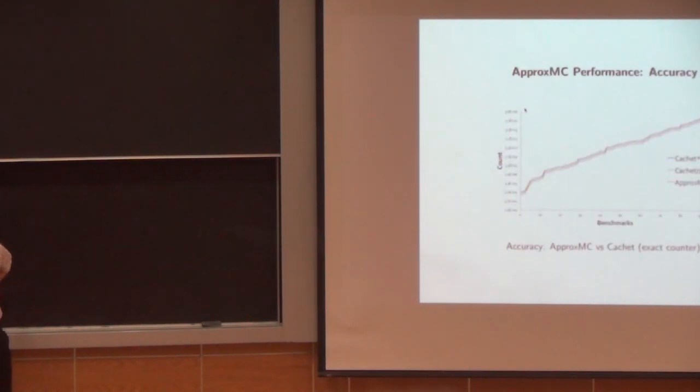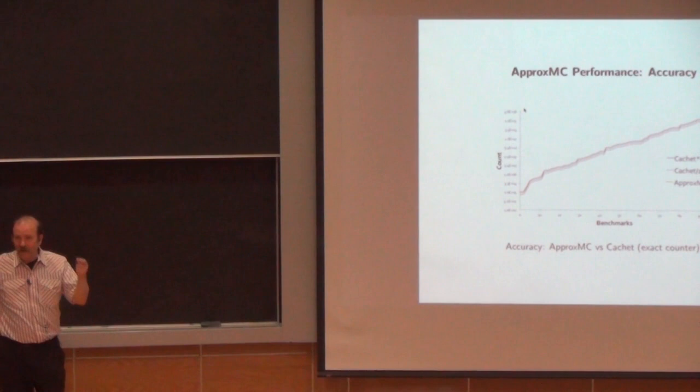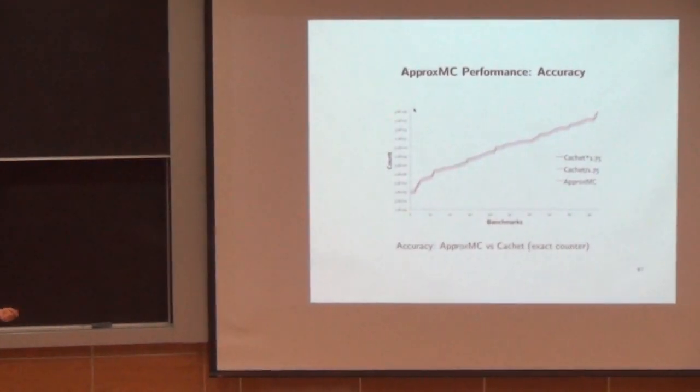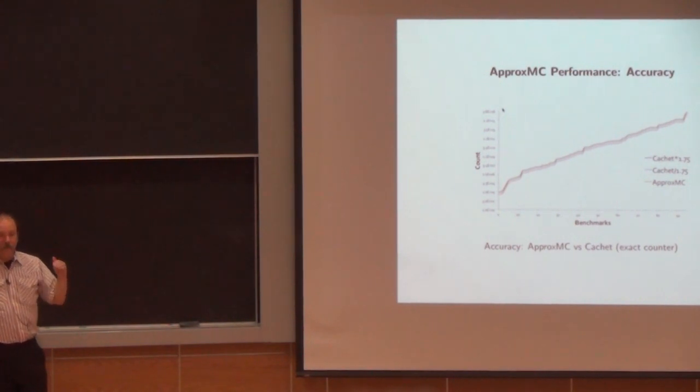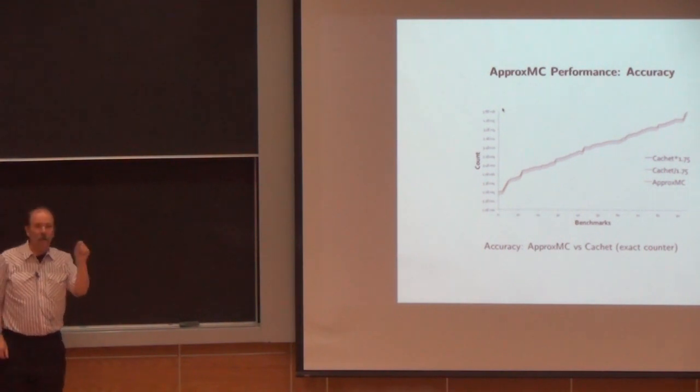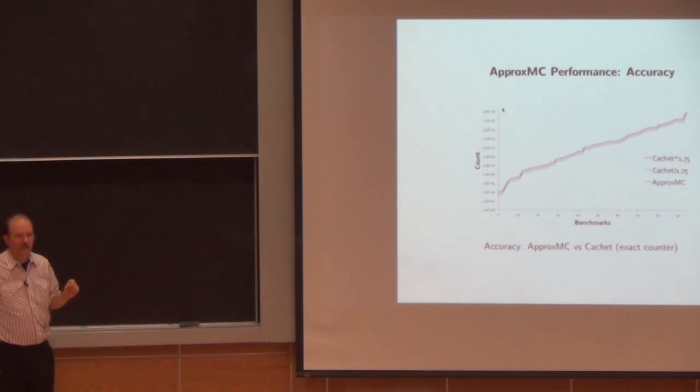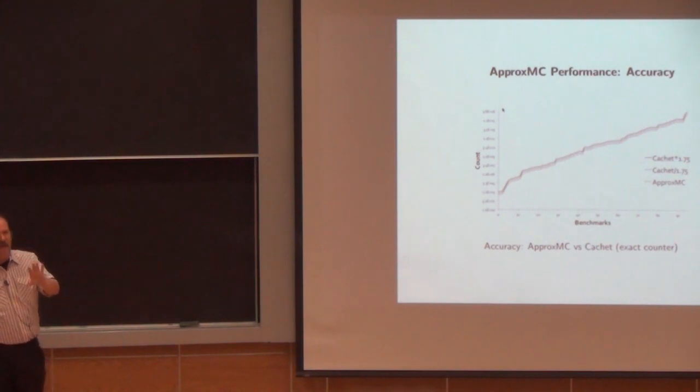And it turns out that for formulas where you can do both exact counting and approximate counting, we found that even if we use an epsilon of 0.75, which allows an error of 75%, in practice our error is less than 5%. So the method is incredibly accurate. In fact, it's so accurate that it tells us our analysis is not good enough.